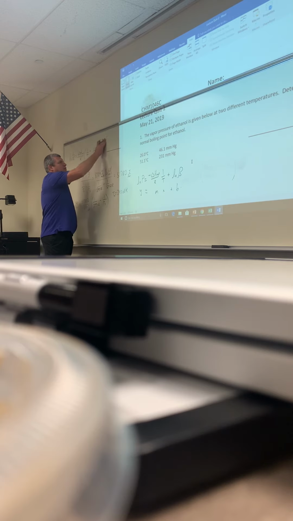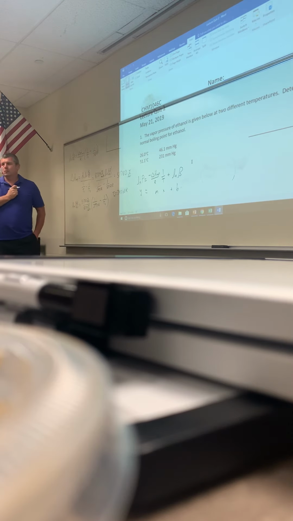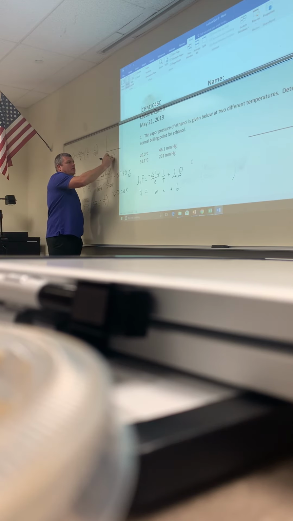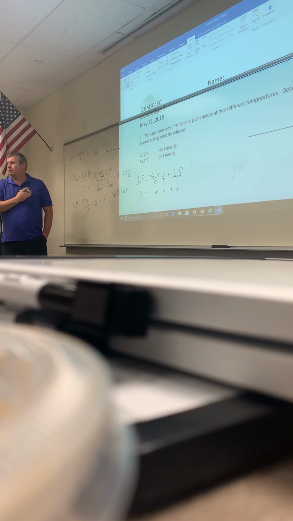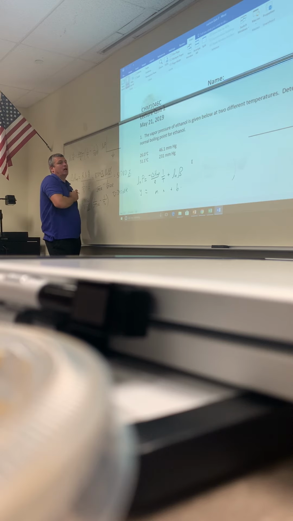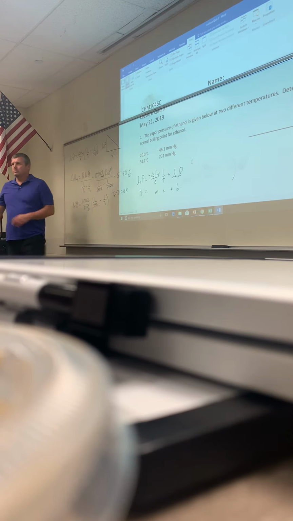Y equals mx plus b. What would I plot on the x-axis? 1 over the temperature. Make sure you have temperature in Kelvin. And what would I plot on y? Natural log of the pressure. And I'm going to get a line from something like that. And what could I do?